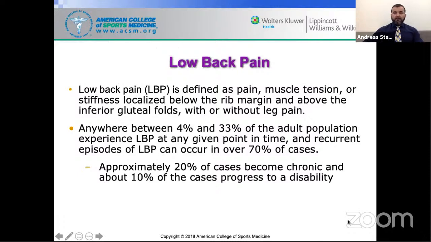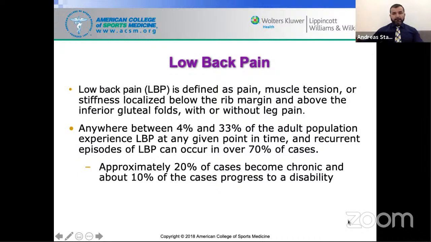All right, second group: healthy individuals, but special populations as well. Low back pain, right? It's so prevalent that we had to create a whole group about it. What is it? Pain, muscle tension, or stiffness localized below the rib margin and above the inferior gluteal fold.